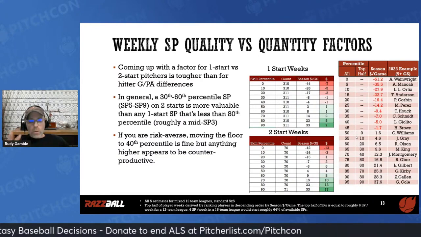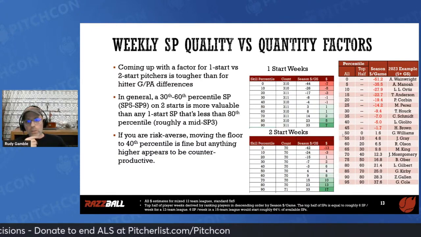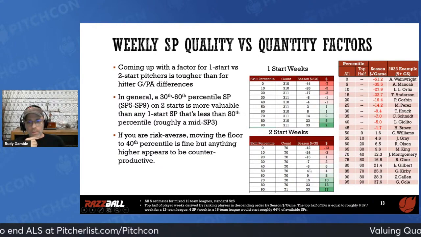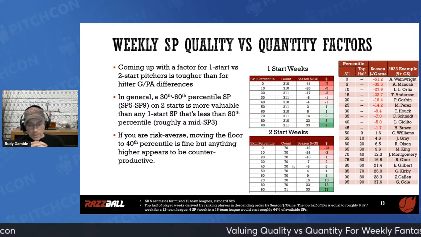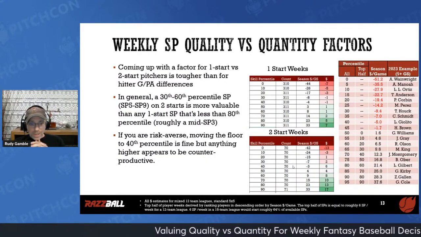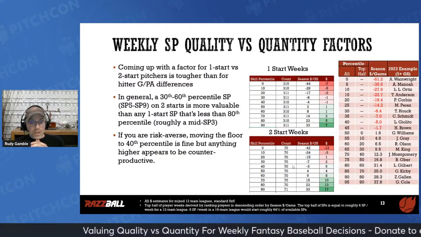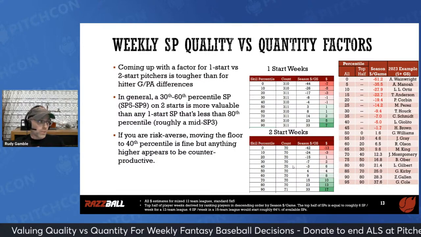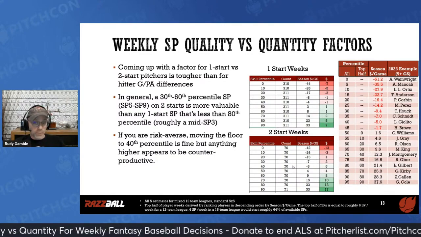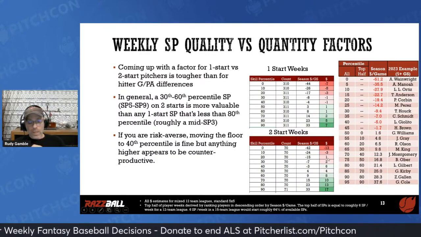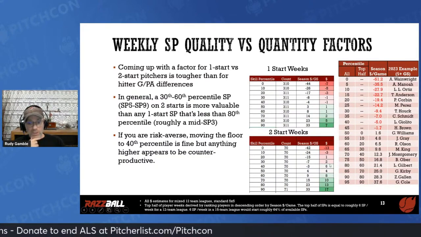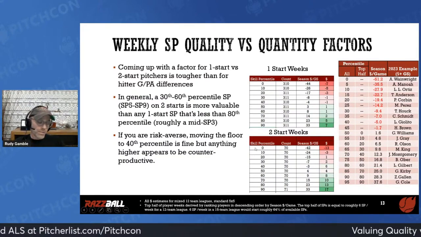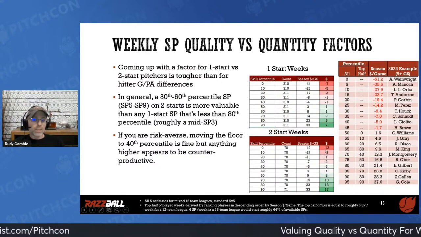If you look at the one-start and two-start weeks here and just zero in on value, anything at like the 30th percentile, you're at a $2 start for the week. You're averaging that here, and it goes up from there. So 30th percentile is good, 20th percentile maybe, and then it's negative there.